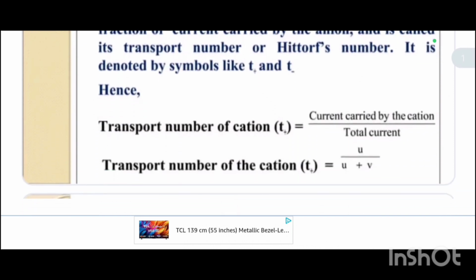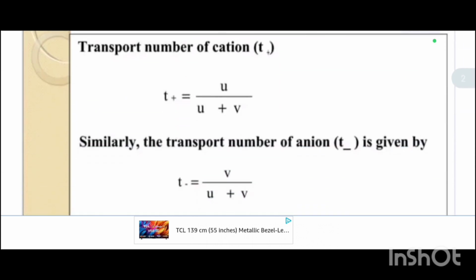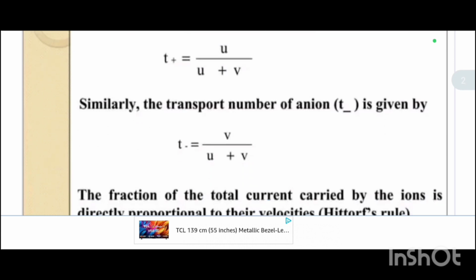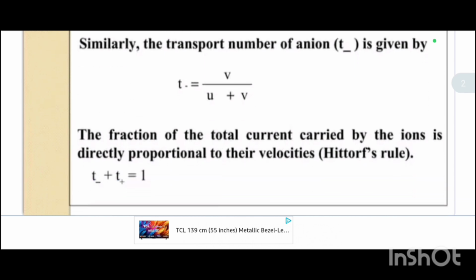Hence, the transport number of the cation, T plus, is equal to the current carried by the cations divided by the total current, which in symbols is U divided by U plus V. Similarly, the transport number of the anion, T minus, is equal to V divided by U plus V. The fraction of the total current carried by the ions is directly proportional to their velocities.